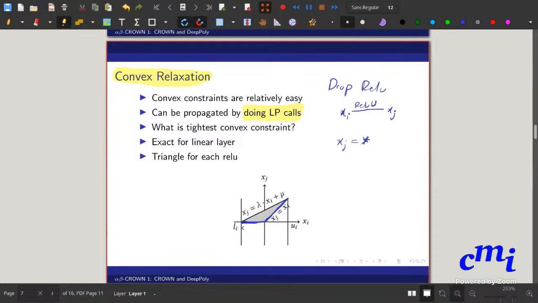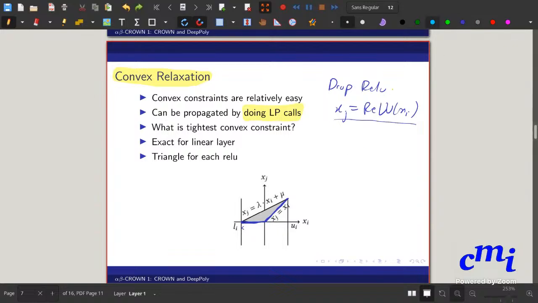So this is the blue exact constraint, right? We have the exact constraint that xj is ReLU of xi. This is not possible for LP to handle.